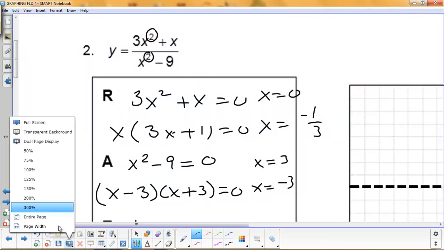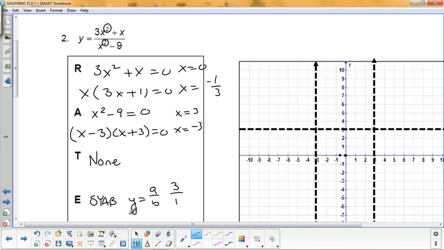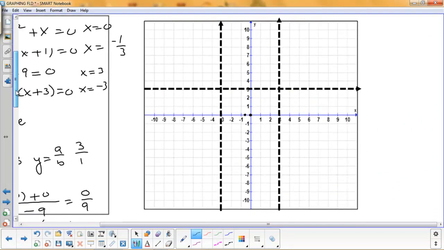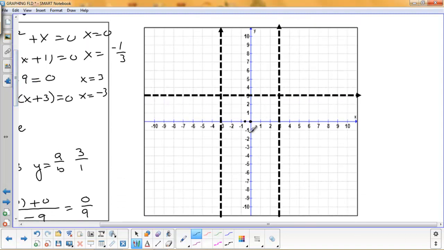Let's go to 200 so I can, there we go. And now we need to look at all of our pieces. I'm going to go to the place where the graph exists at first. I know that it exists in this center column right here, in this bottom portion of the column. I know that it's not going to cross this asymptote, all right?